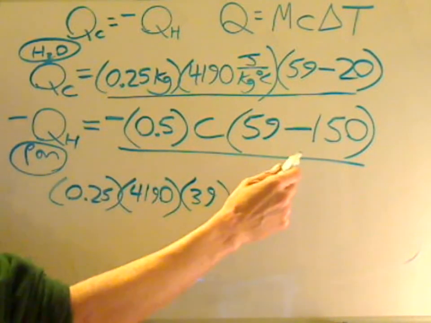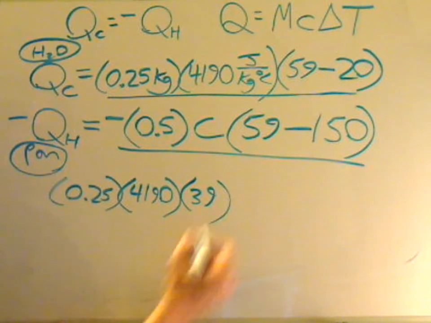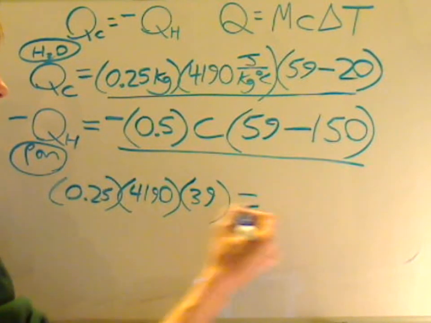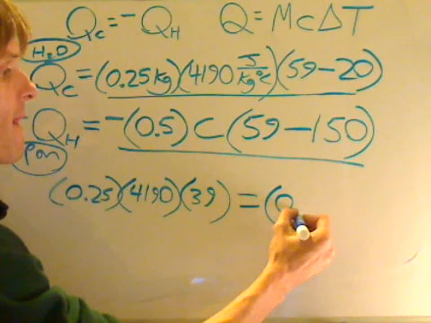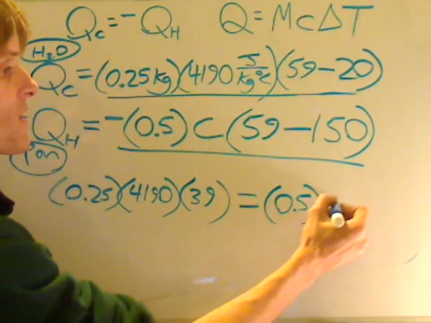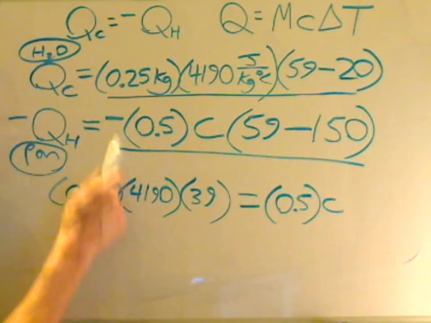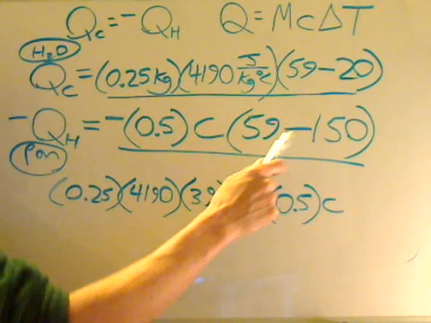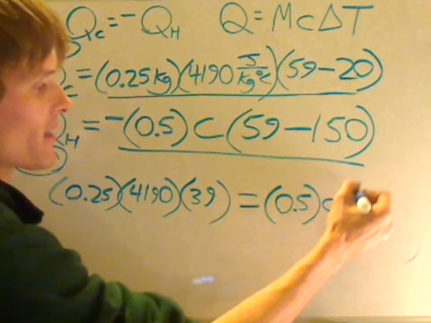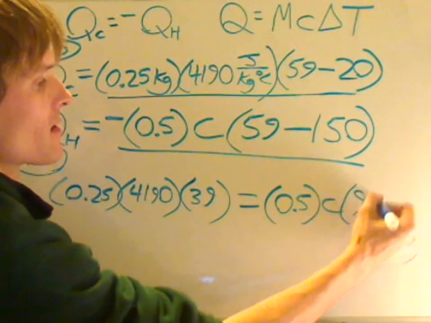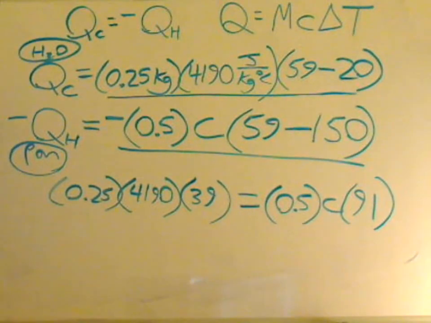And that equals this, which is going to be 0.5 times specific heat. Now, 59 minus 150 is negative 91. Then we have a negative out here, so negative of that negative is a positive. So then that leaves us with positive 91 out here.